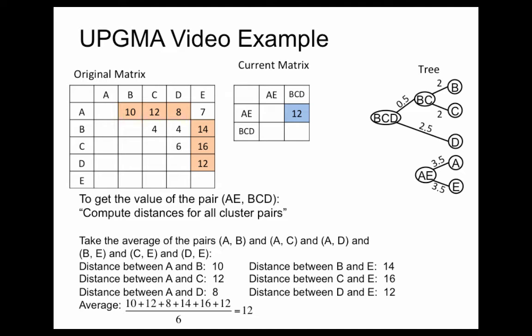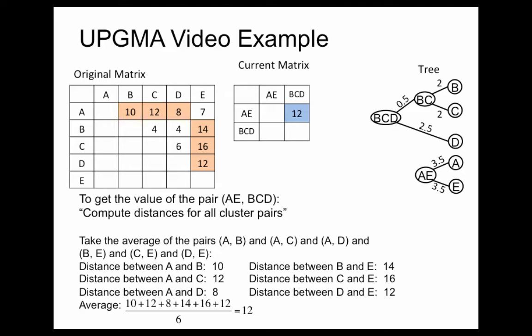So we want the midpoint of pairs AB, AC, and AD, because that's the first half of AE going to BCD. And then we want E between B and E, C and E, and D and E. So it's just kind of how the algorithm is constructed. So you look at all the pairs of the nodes in this cluster, and you calculate the average of those.